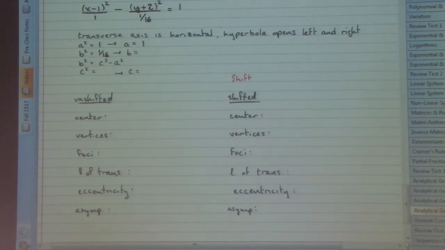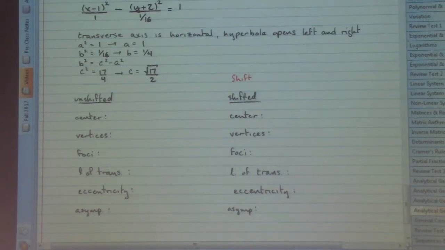If b squared is equal to 1/16, that means b is equal to 1/4. c squared is equal to a squared plus b squared, so that would give us that c squared is going to be 17/16. So c is the square root of 17 over 4.